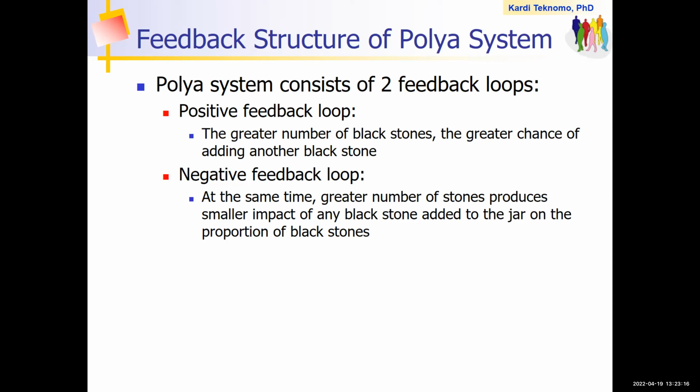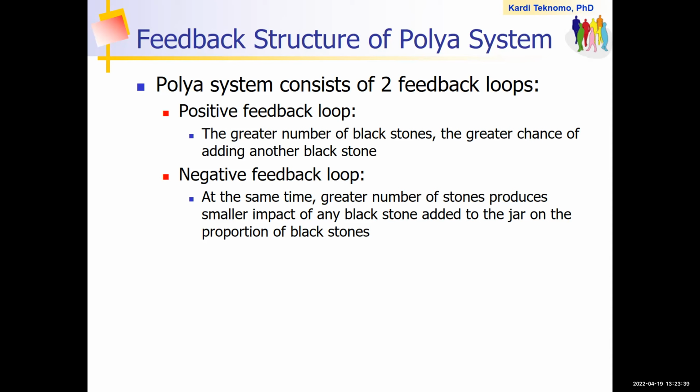So the Polya system has two feedback loops. One is a positive feedback loop and the other is a negative feedback loop. The positive feedback loop says the greater the number of black stones, the greater the chance of adding another black stone. That makes the black stones grow. The second is the negative feedback loop.